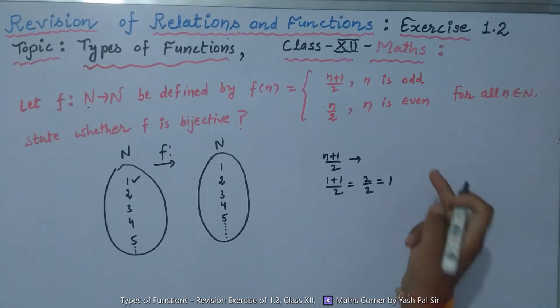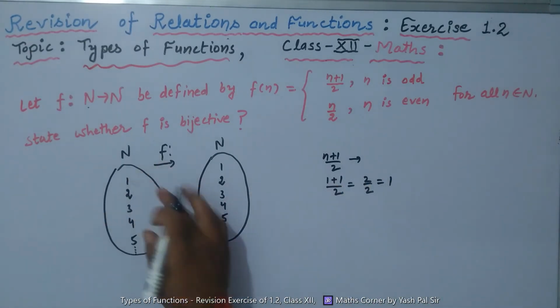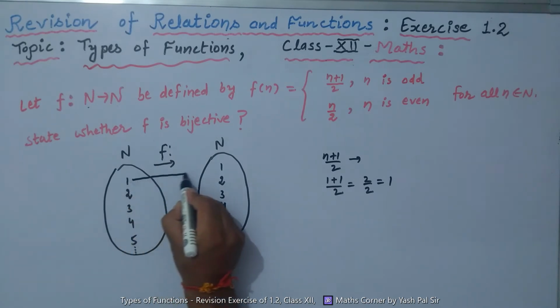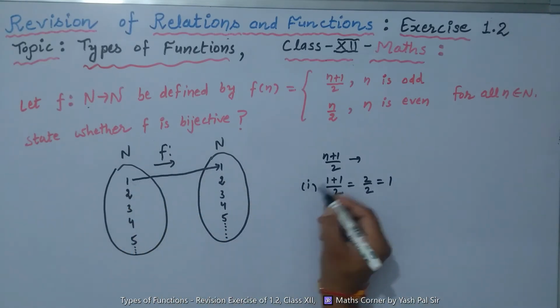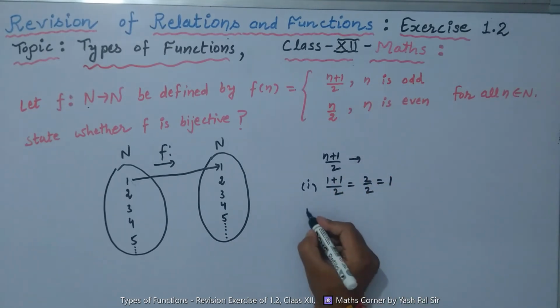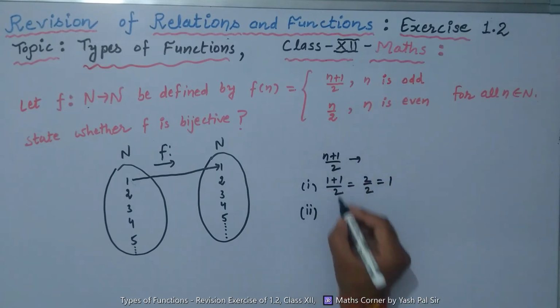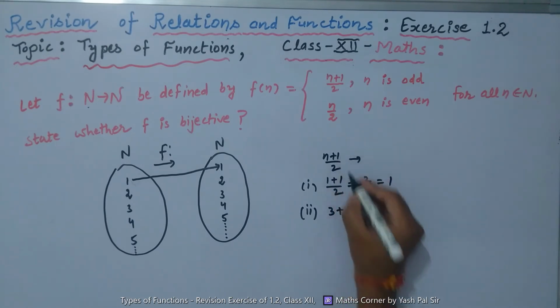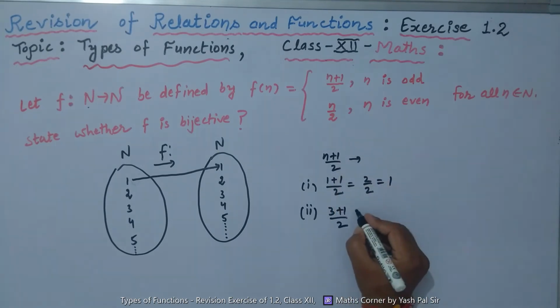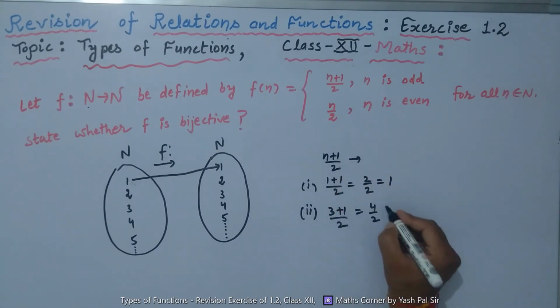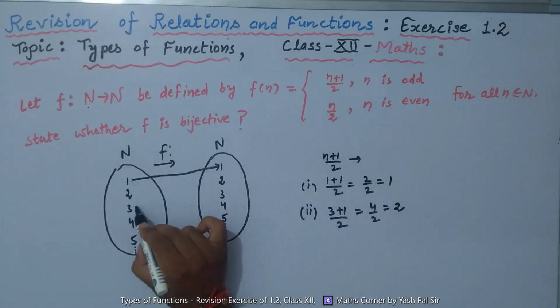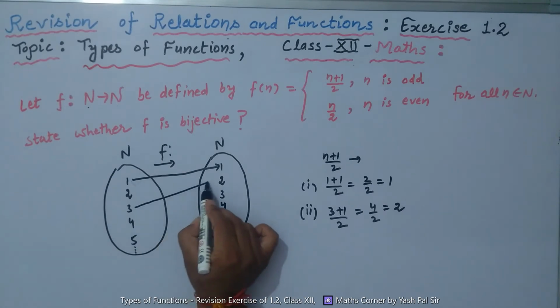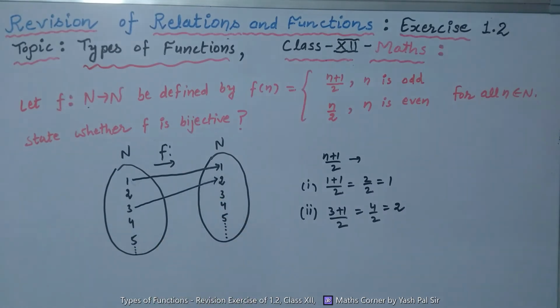So the image of 1 is 1. Next, the second odd number is 3. 3 plus 1 upon 2 is 4 upon 2, which is equal to 2. For the second odd number we have the image 2.